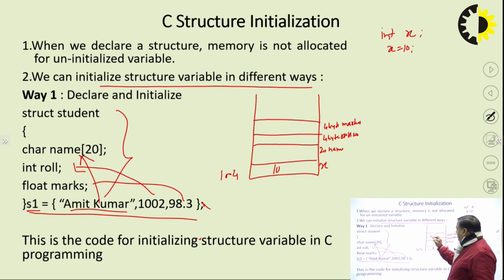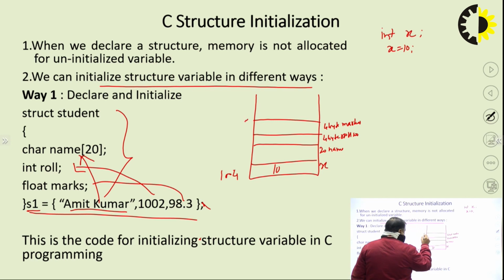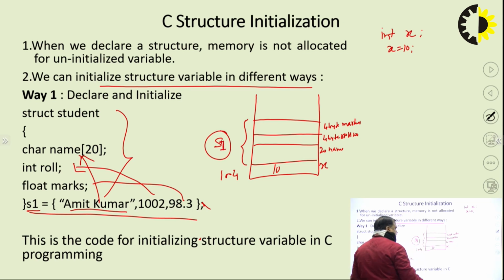This whole combined memory area is occupied by s1. So a total of 28 bytes are required.